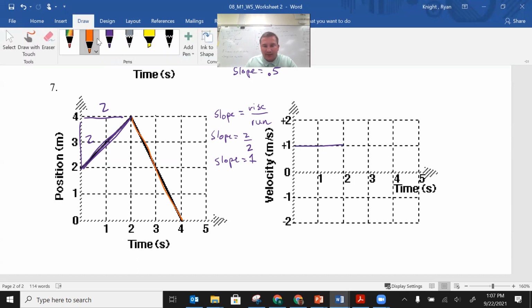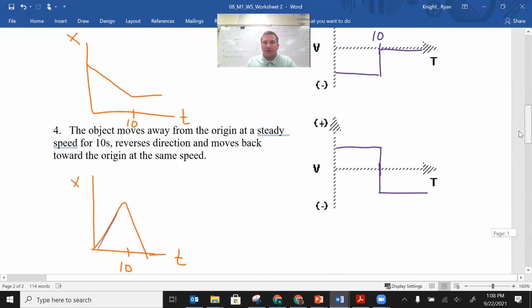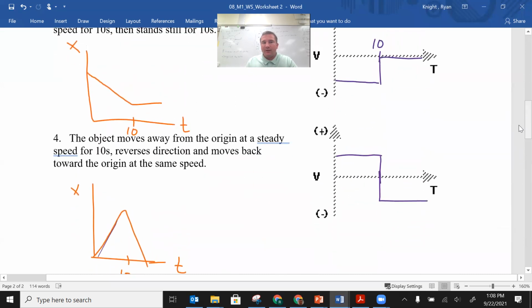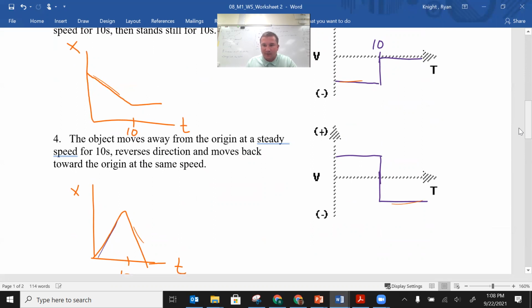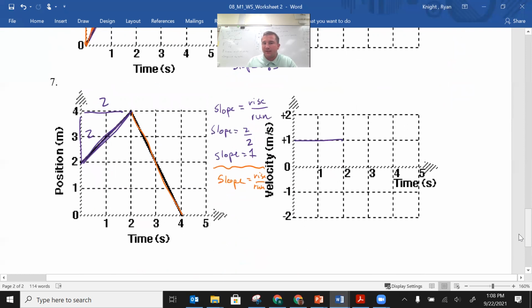Then we've got to do a second calculation to calculate the slope of the orange line. Again, rise over run, where we're going downwards, and we know from problems 3 and 4 that a downward line means a line under the axis, right? Downward is a straight line under the axis. So we know that we're going to be in the negatives down here, but let's calculate what it is.